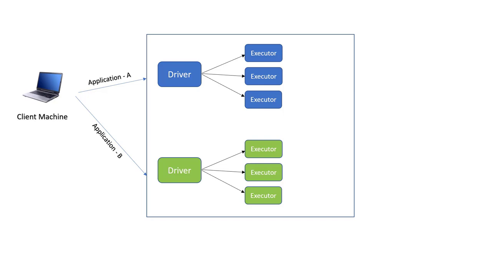Now come to the point where these executors and drivers reside. The driver is the main thing, and there can be two situations for the driver. Either it can be on the client machine or it can be on the cluster itself. Executors will always be on the cluster side only.